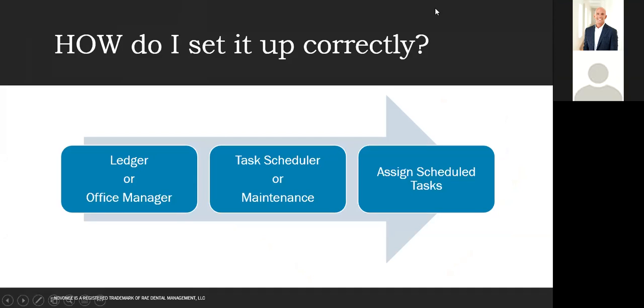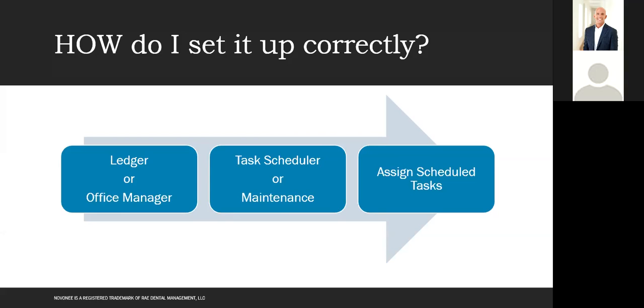So how do I set it up? Okay, we heard why is month-end important. We learned what does month-end do exactly, and then how do I set it up? So the month-end process, the task scheduler, can be found in 2 different places. It's still on the ledger.